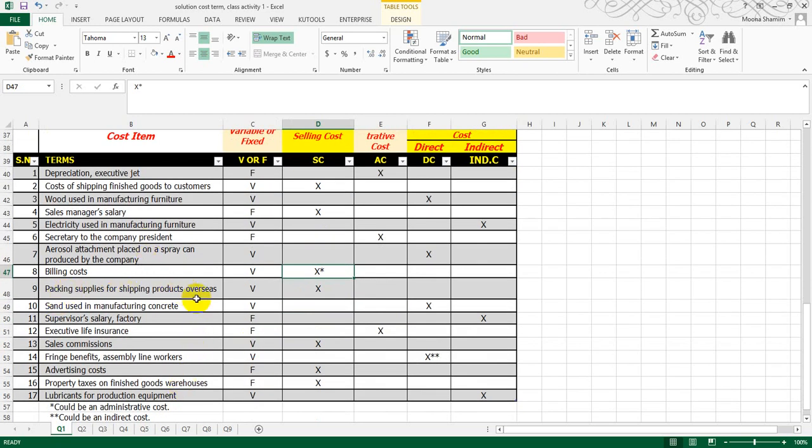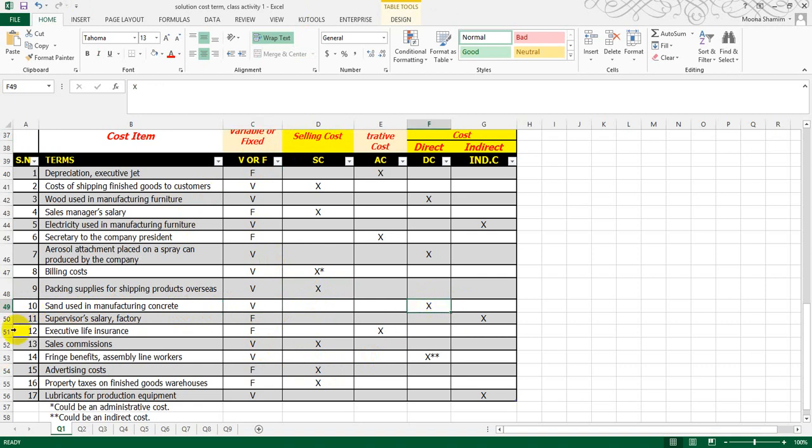Packing supplies for shipping product overseas. Obviously it is again a variable cost, and it is related with the selling of the product, so we will treat it as a selling cost. Sand used in manufacturing country, it's again a variable cost, and it is treated as a direct cost.